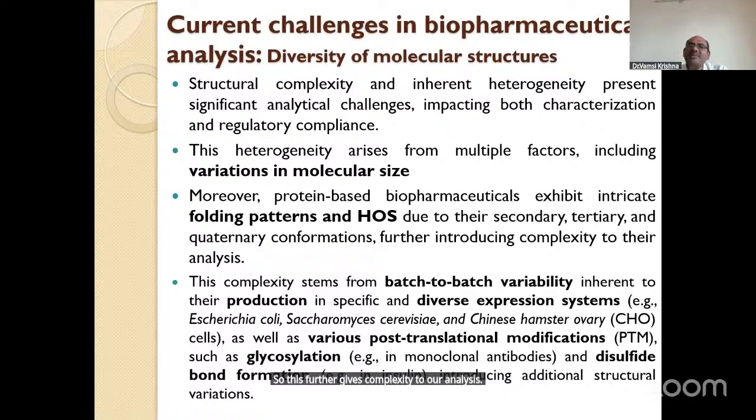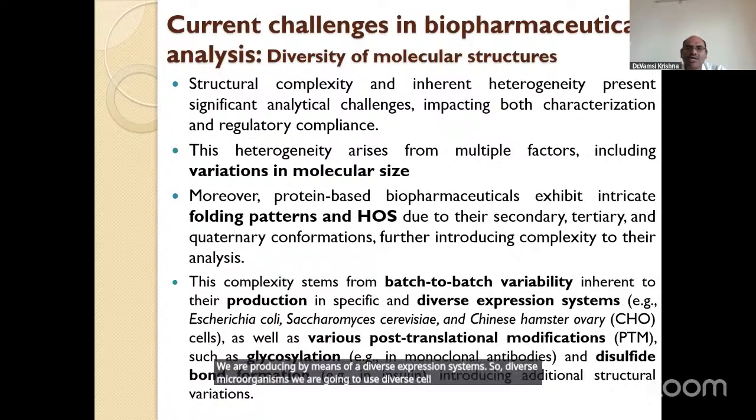The complexity stems from batch to batch variability inherent to production. In the production of biopharmaceuticals or biosimilars there may be batch to batch variability because we produce them using diverse expression systems, diverse microorganisms, and diverse cell cultures.